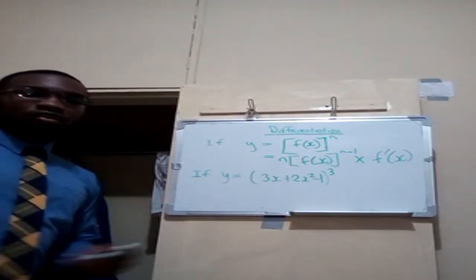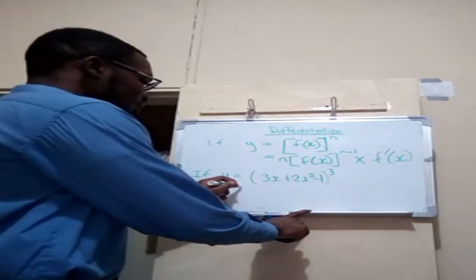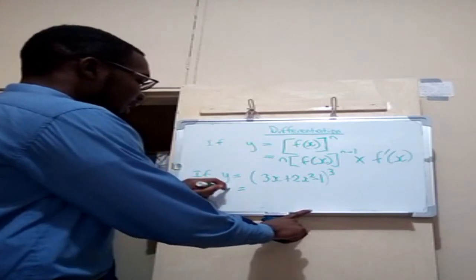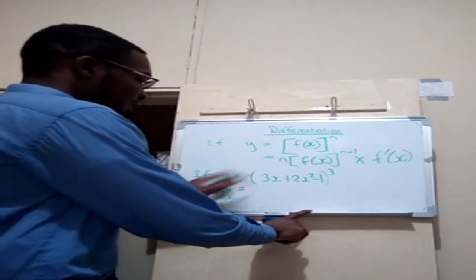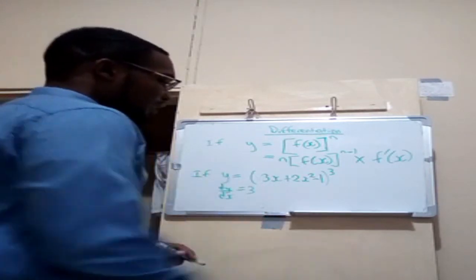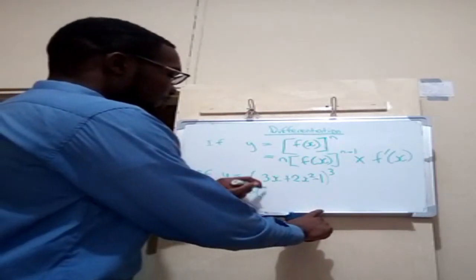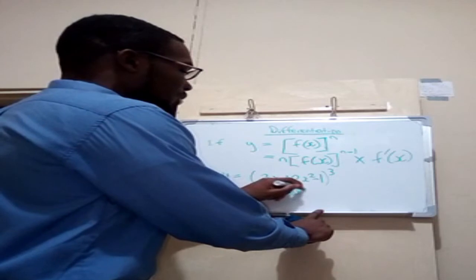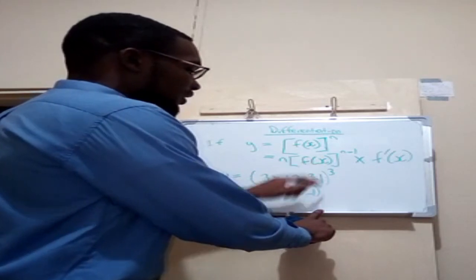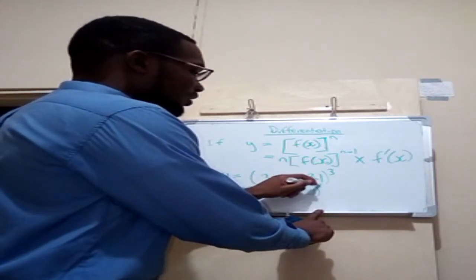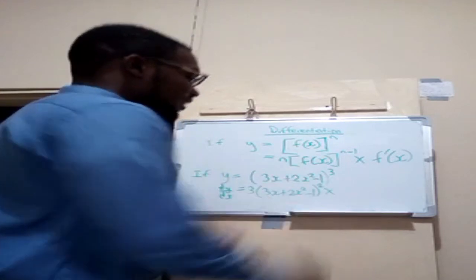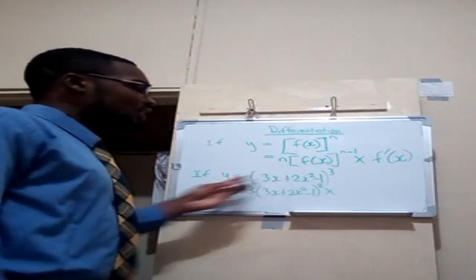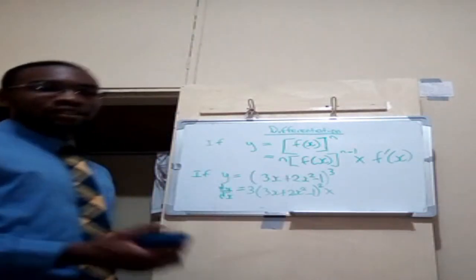To find the derivative of this, dy by dx is equal to, we carry down the power, we get 3. We then subtract 1 from the power, so we write back our 3x plus 2x squared minus 1, and subtract 1 from the power to get 2. But then we're going to times it by the differential of what's inside this bracket.